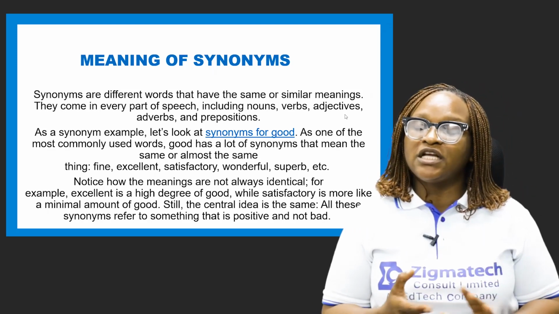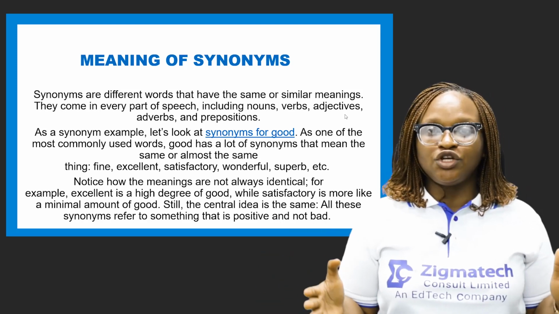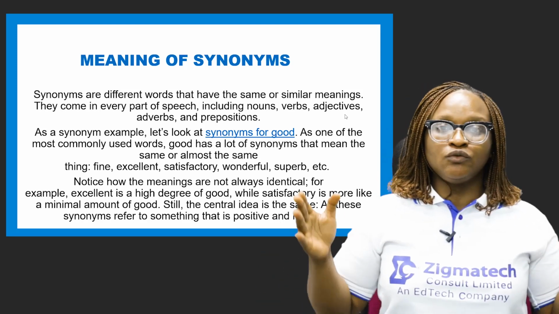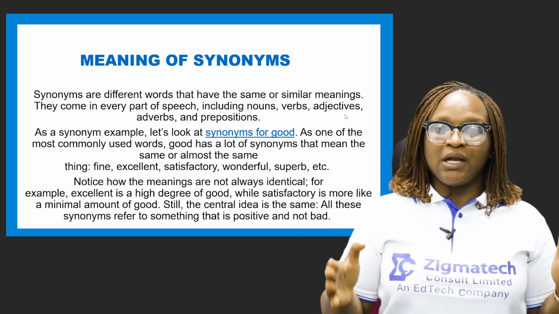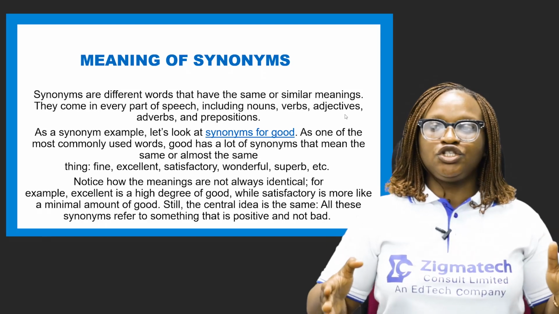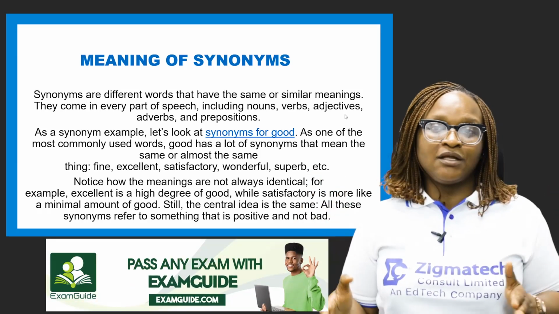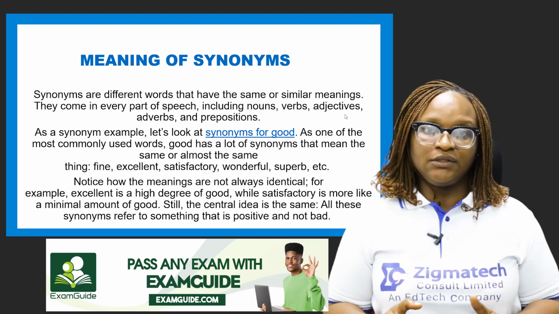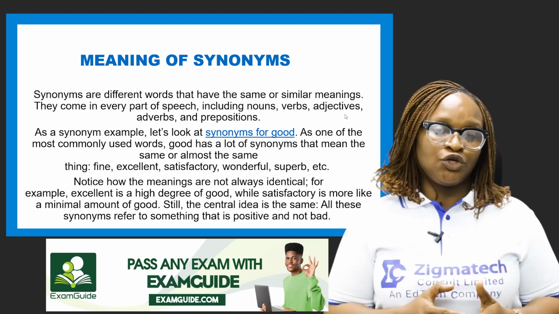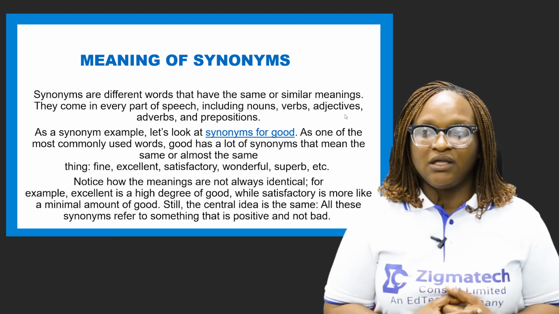Remember when we were looking at antonyms, we stated that when you're changing the antonym of a word, do well to see that the word class is the same. You cannot change a word whose word class is noun to an adjective. It is not done. Likewise in synonyms, when you're changing the synonym of a word, the word class has to be the same.